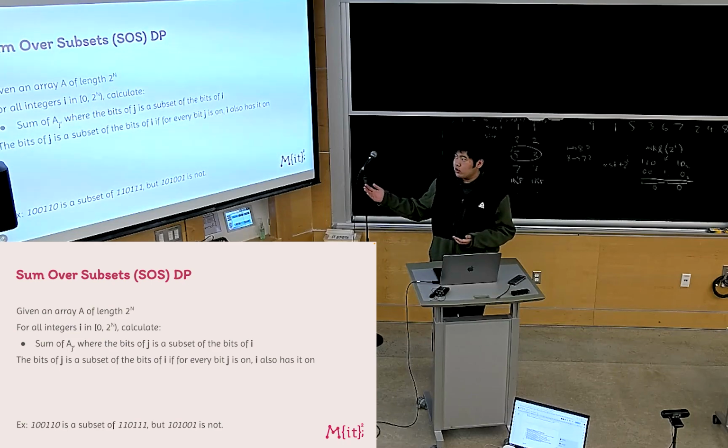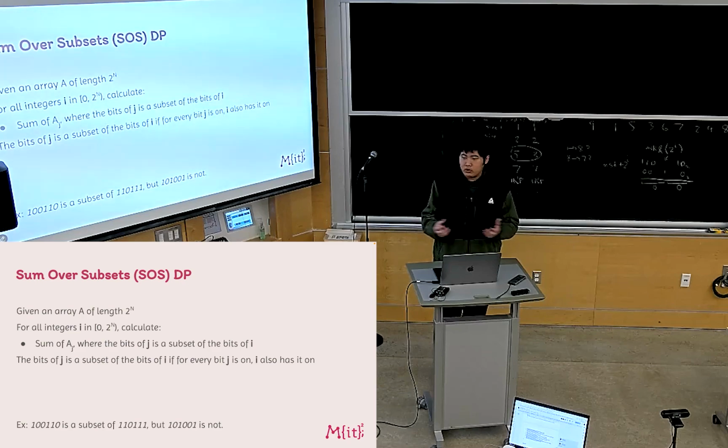Alternatively, you can think of these integers or masks as corresponding to a set that either contains an element or doesn't. And you can say that j is a subset of I if the set that corresponds to j is a subset of the set that corresponds to I. You would define these sets so that if a particular bit is on, then that element is in the set.